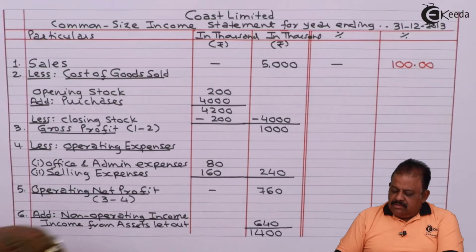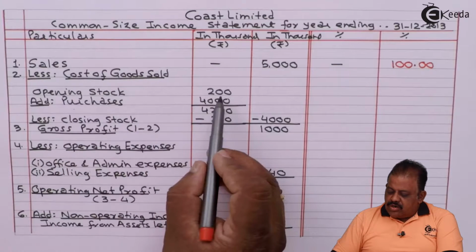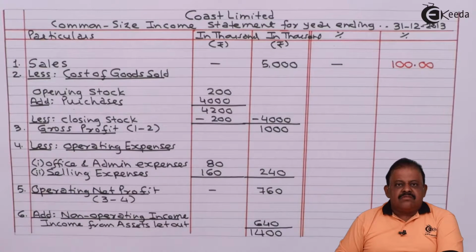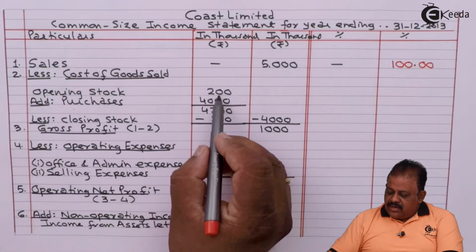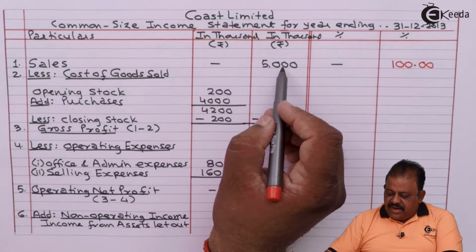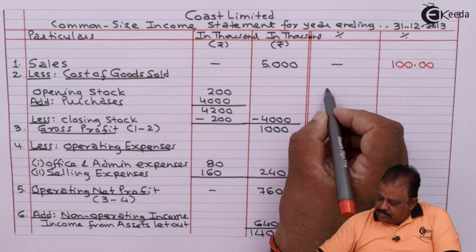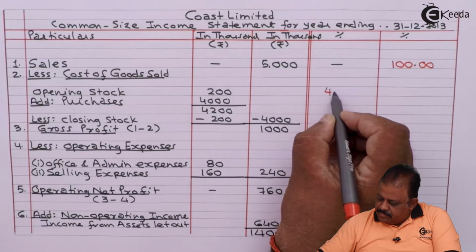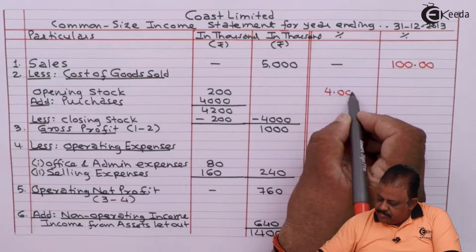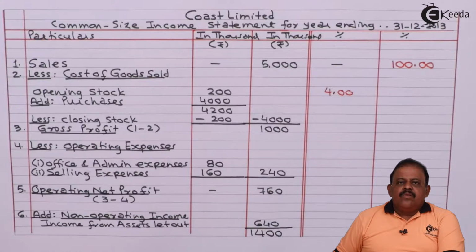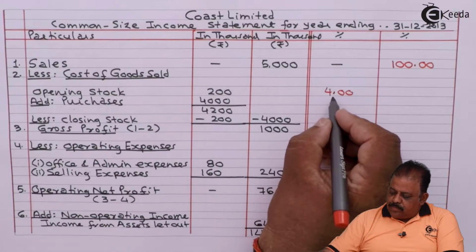For example, opening stock 200 divided by 5,000 multiplied by 100. Opening stock 4%.